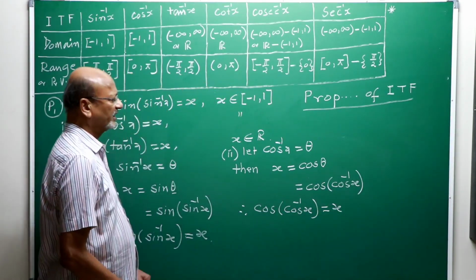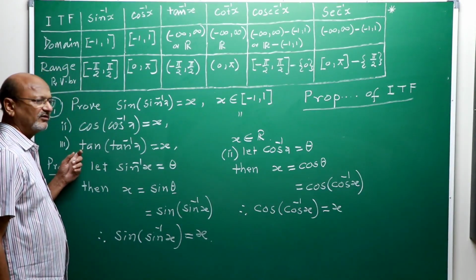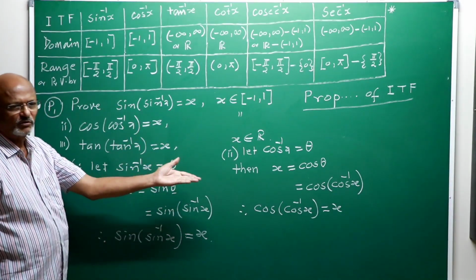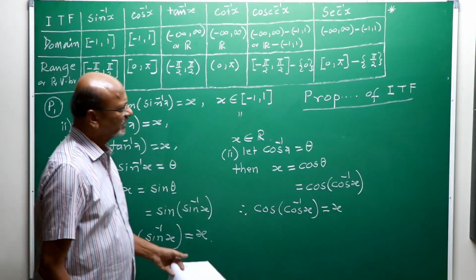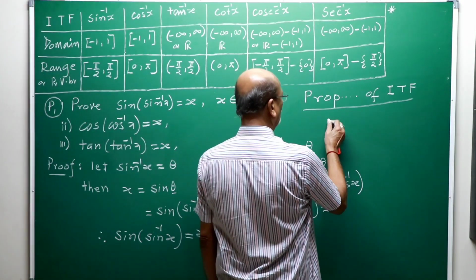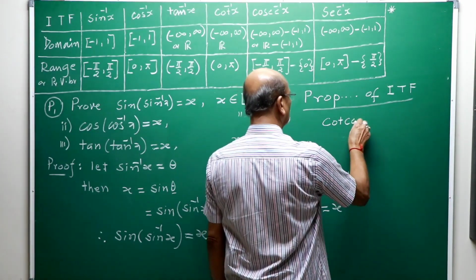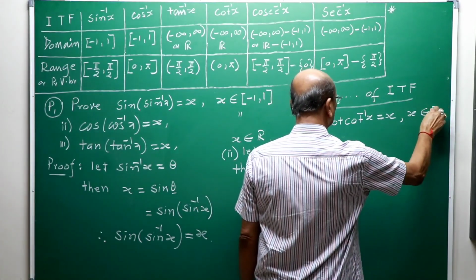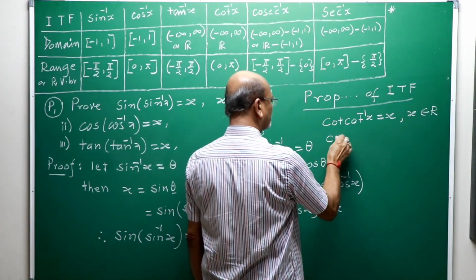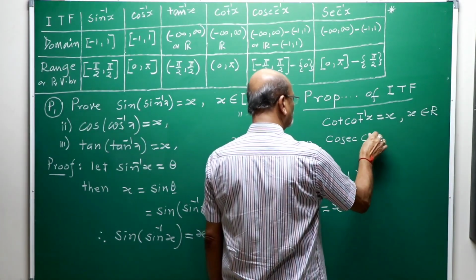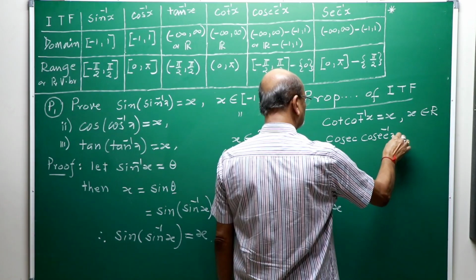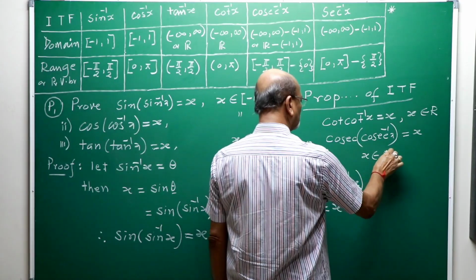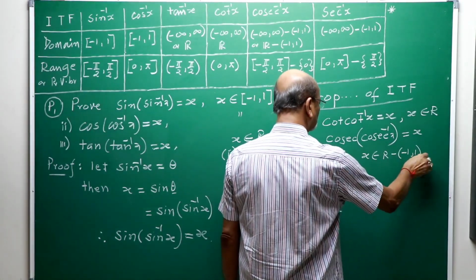Like that, my friends, even if it is tan of tan inverse x, take this equal to theta, same method: tan theta, put the value of theta. Similarly for the remaining: cot of cot inverse x is x, where x belongs to R. Similarly, cosec of cosec inverse x is x, where the domain of x is R minus the open interval -1 to +1.